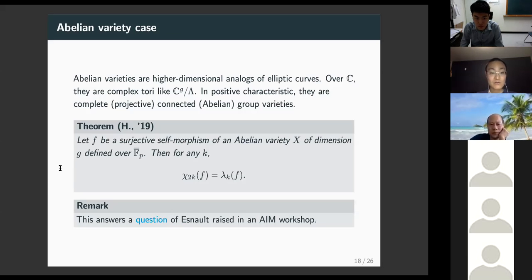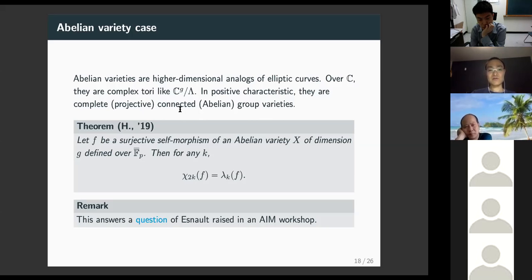Okay, so now here is my result. I proved these equalities for abelian varieties. Abelian varieties are high-dimensional analogs of elliptic curves. Over C, they are complex tori, like C to the g divided by some lattice. In positive characteristic, they are complete connected group varieties.